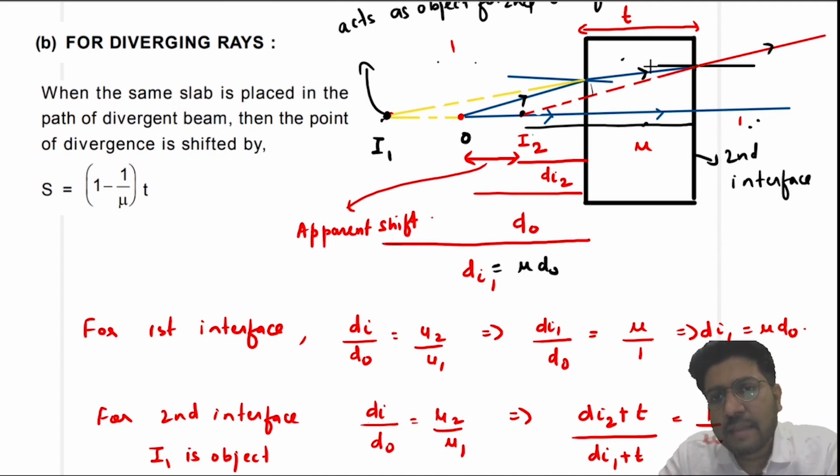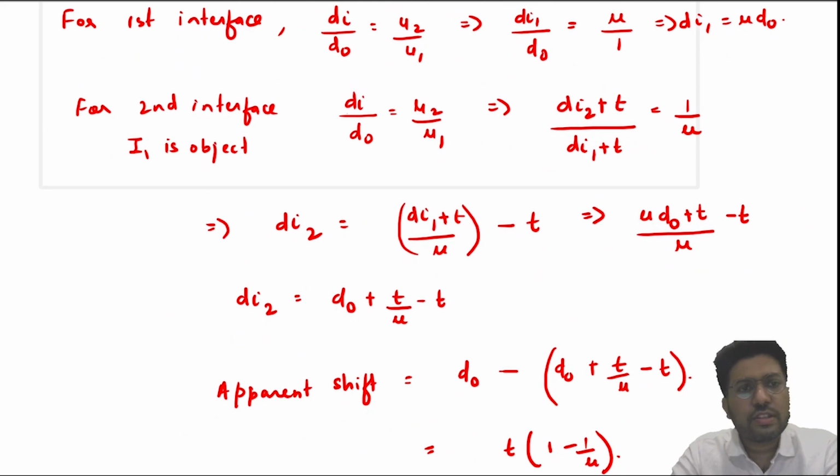Now light this time is traveling from here to here. So mu2 is 1, mu1 is mu. So I will write 1 by mu. When you solve this, you will get di2 is equal to (di1 plus t) by mu minus t.